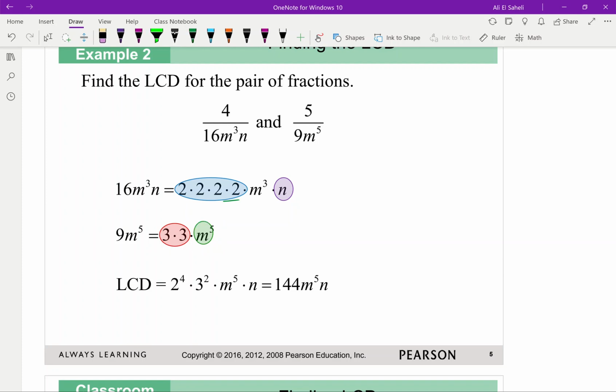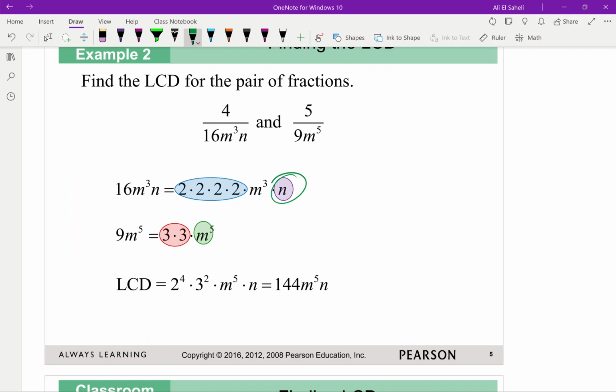Now, looking over here, you have 2. 2 doesn't appear in the second one. It appears only in the first one. It appears 4 times, so 2 to the power 4. m to the power 3 appears in both. It appears more often in the second one. It has a higher degree, so it's m to the power 5.